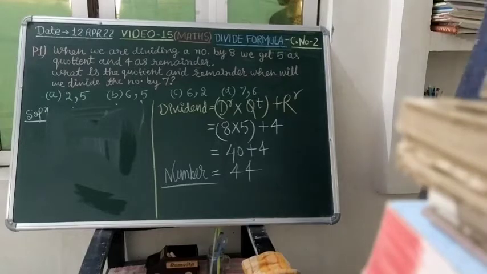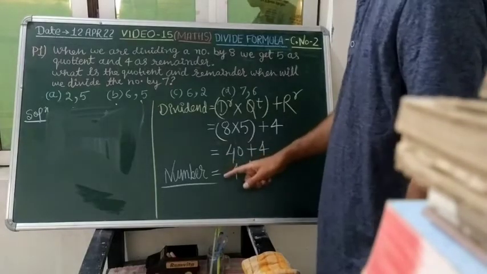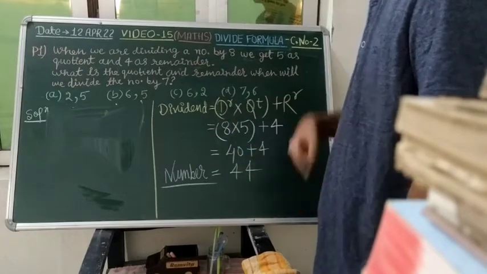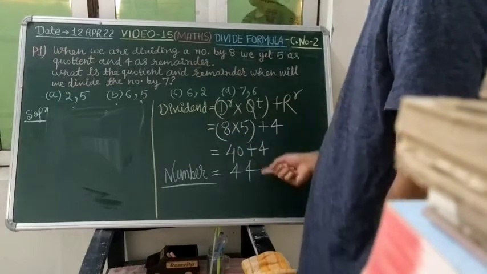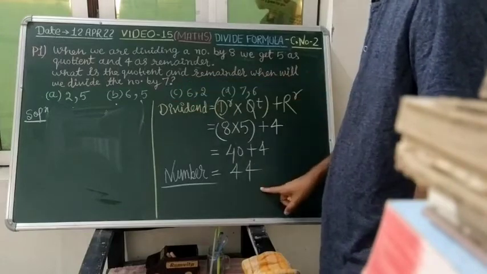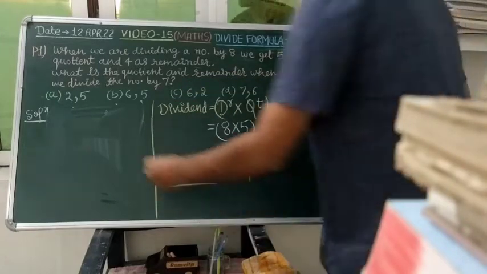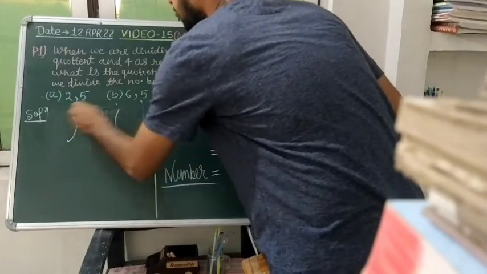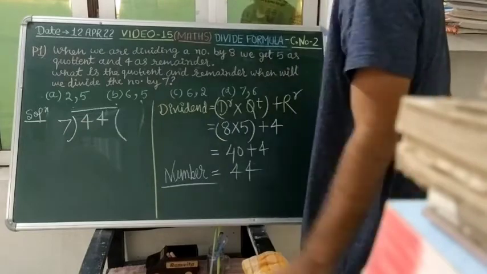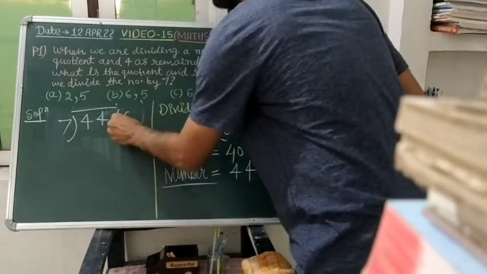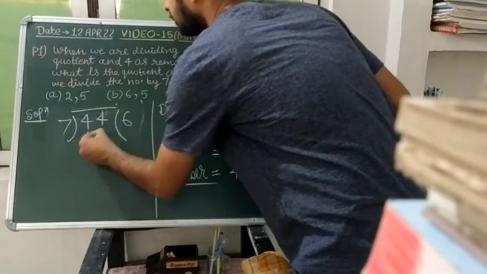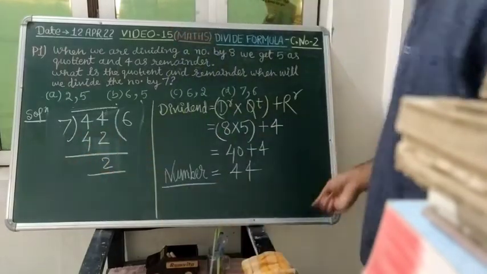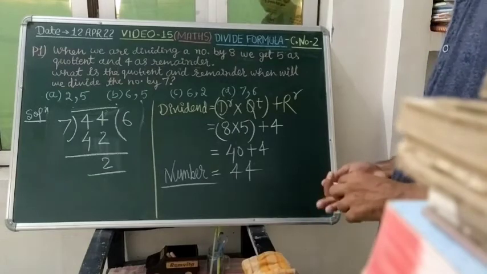Now the problem is saying that when we divide that number by 7, what will come? That number we have calculated should be 44, and when we divide 44 by 7, it will go 6 times and 2 is the remainder.